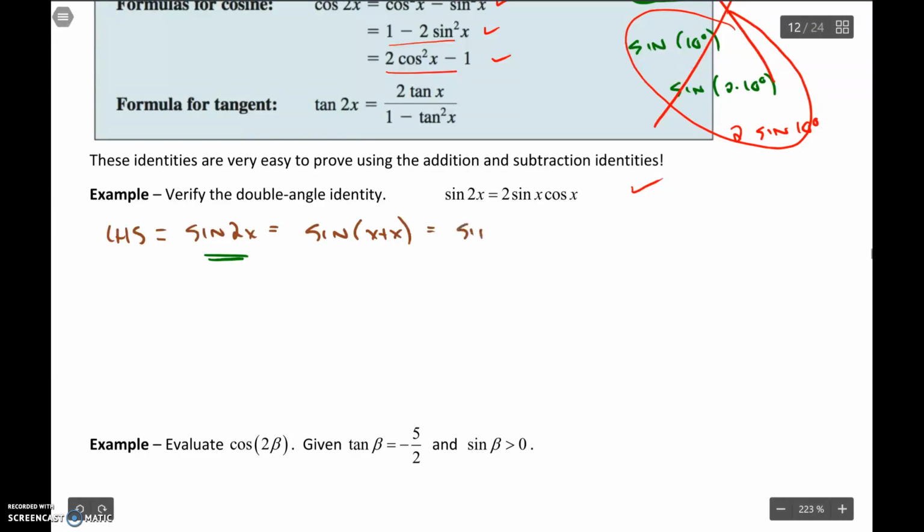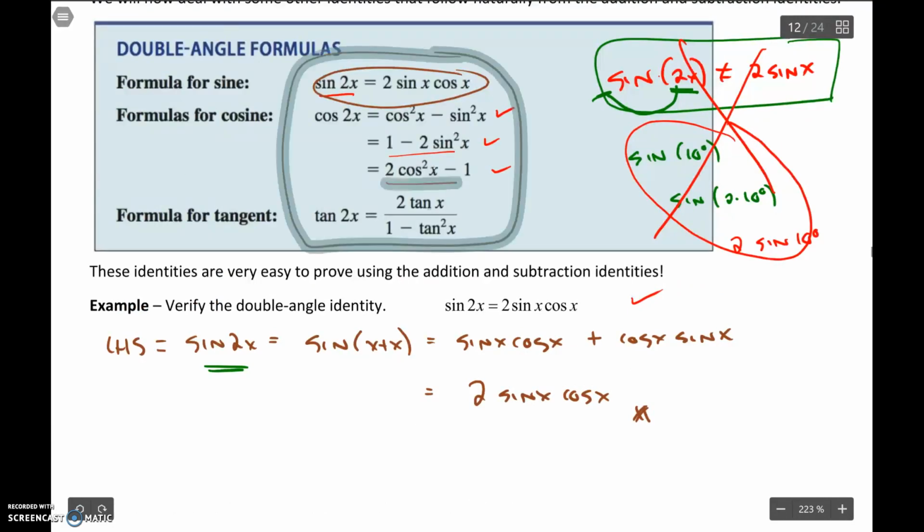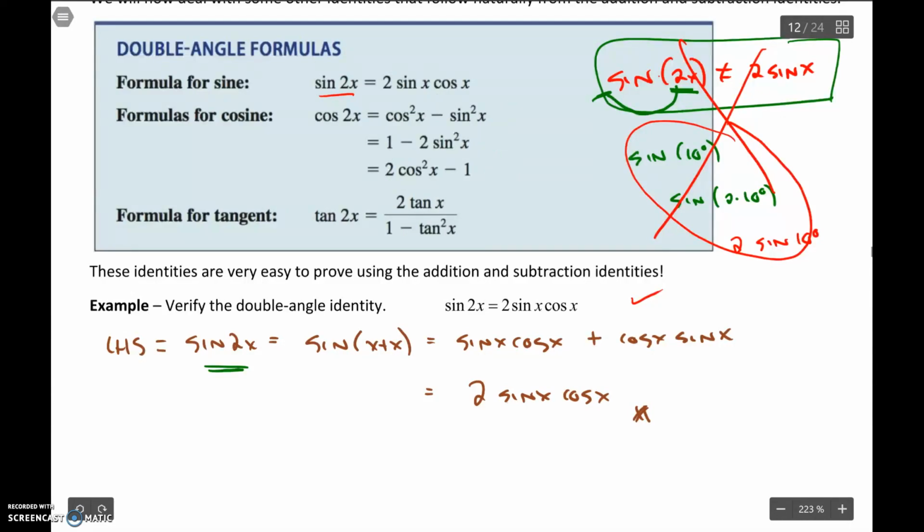So this is sine, cosine, cosine, sine, same sign. And we're done. Sine, cosine, cosine, sine, that is 2 sine x cosine x. Like I said, these all follow really easily from theorems from the last section.